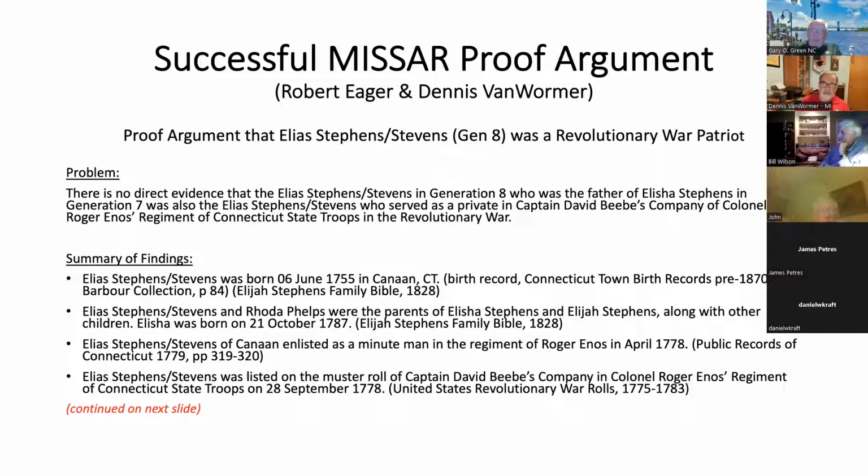She had a family history book. People are gonna know this one. A family history book that was published, and it helped confirm the lineage, but it did not mention that the Elias Stevens had served, even though the guy he served with in some of these other records was clearly mentioned as a Revolutionary War soldier.